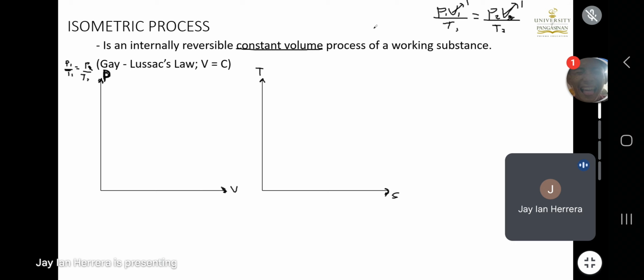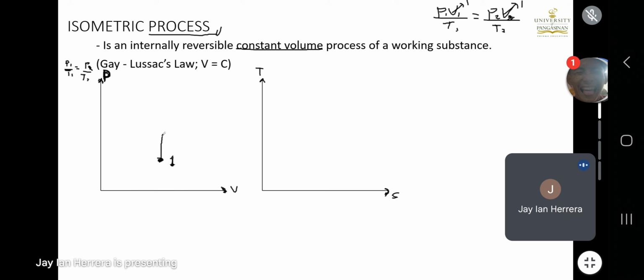So under isometric or constant volume, obviously we will have two states. A process is a system undergoing initial state to its final state. So we will have only two states here. Let's say, for example, we have state 1 here in a certain point. So under isometric process, constant volume, at some point nag-change ang ating pressure under uniform volume.